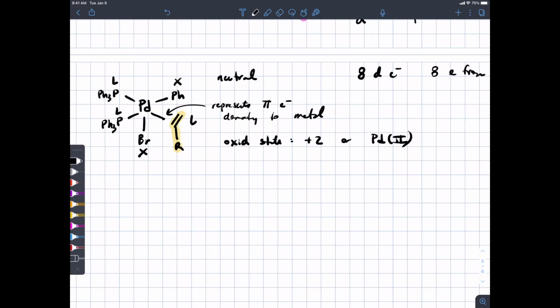Number of d electrons on palladium. Palladium comes with 10 valence electrons, but we've lost 2 from the oxidation state. So we have an overall d8 complex, 8 d electrons. And our overall electron count is, from the L-type ligands, 2, 4, and then 6.